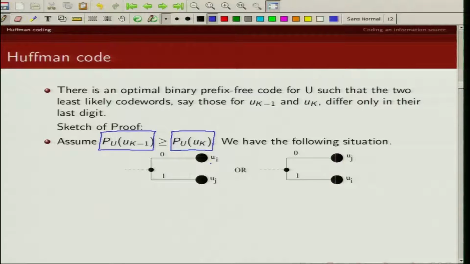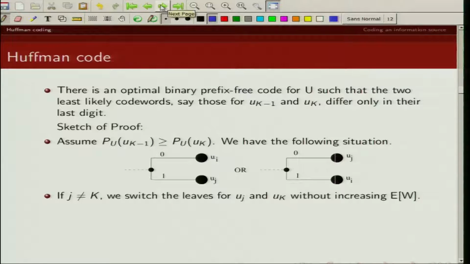So we have a node at the highest depth where you have two code words U_I and U_J. Now if, let's say, J is not equal to the least likely code word K, then we can always replace U_J by the code word corresponding to U_K.